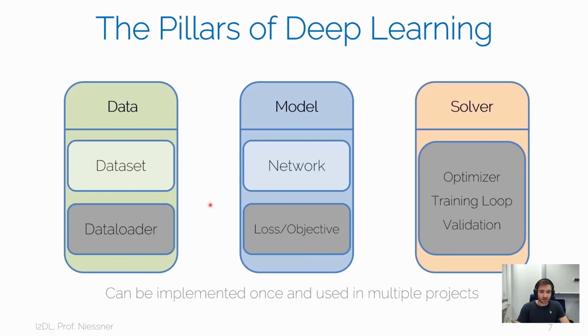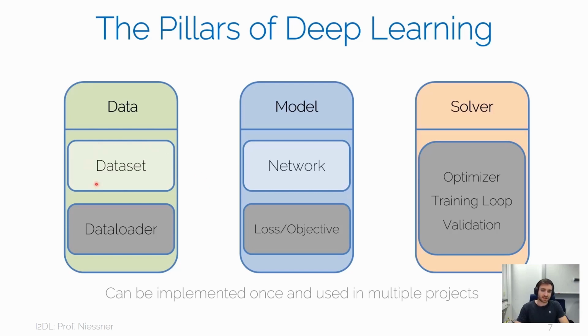Here you can see basically the dark gray elements. These are building blocks you can implement once, and these are pretty general purpose, so you can reuse them in basically all of your projects. For these you only have to do the effort once, and then you can reuse them.